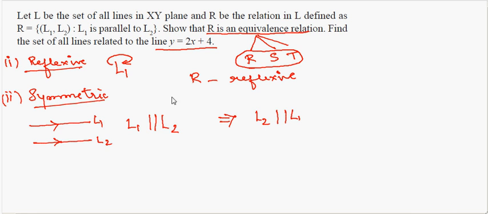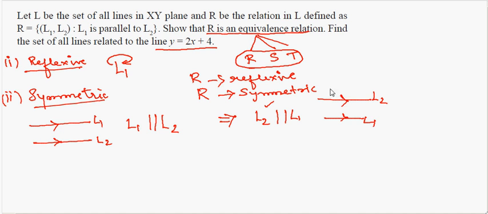If I change the order, L2 first and L1 next, this will be parallel. So the given relation R is symmetric, because both (L1, L2) and (L2, L1) belong to the relation R.